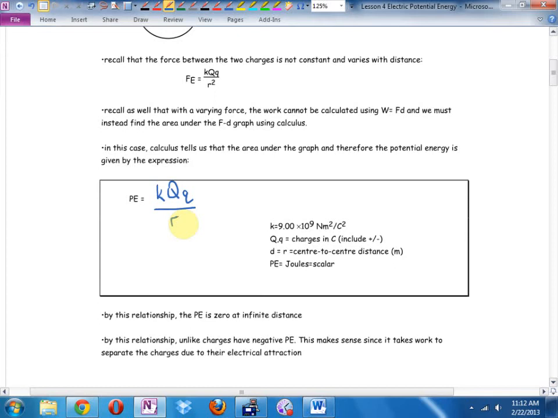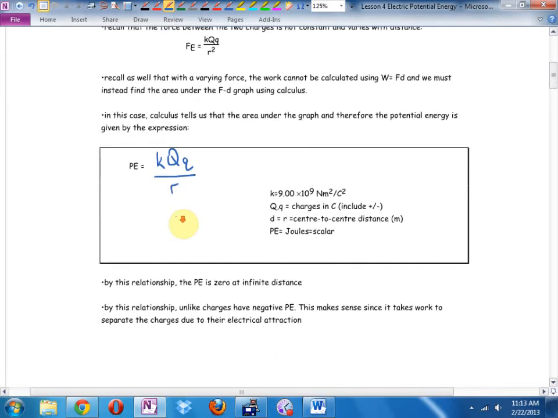k, same, 9 times 10 to the 9th. Big Q, the planet. Little q, whatever you're moving around. r, how far away you are from them. By this relationship I wrote down here, the energy is 0 at infinite distance. Those of you that are in calculus, if you take the limit as r approaches infinity, this will work out to 0. So out at infinity, no energy.